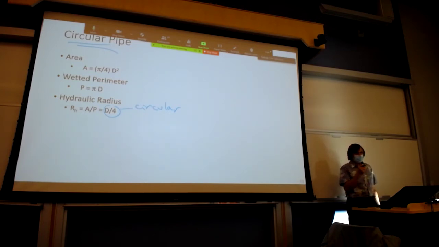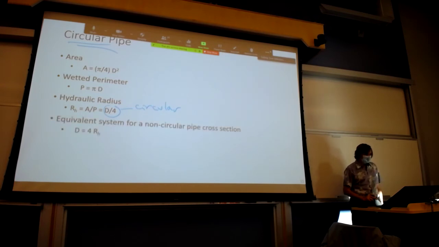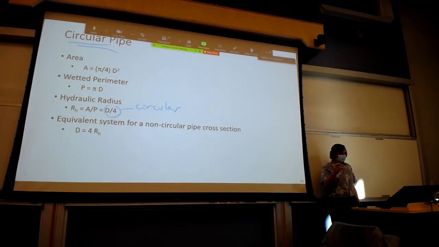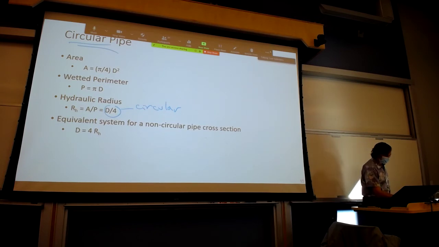And that's what we're going to use, this relationship for an equivalent or non-circular pipe cross-section. We're going to just say that the equivalent diameter is 4 times the hydraulic radius of the non-circular cross-section.